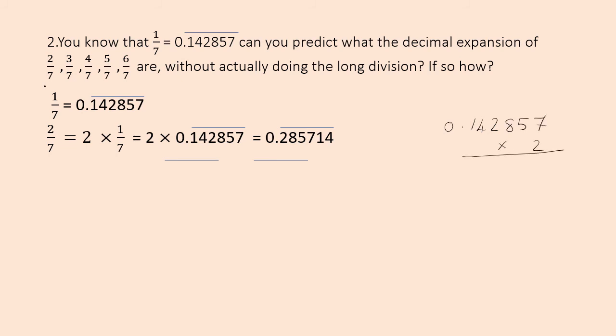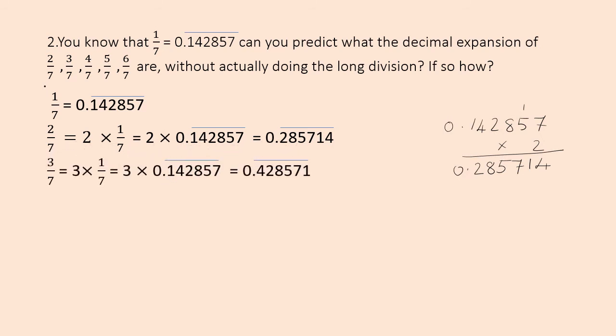When you multiply by 2: 2 sevens are 14, balance 1; 2 fives are 10 plus 1, 11, balance 1; 2 eights are 16 plus 1, 17, balance 1; 2 twos are 4 plus 1, 5; 2 fours are 8; 2 ones are 2; 2 zeros is 0. That is, you get 0.285714.